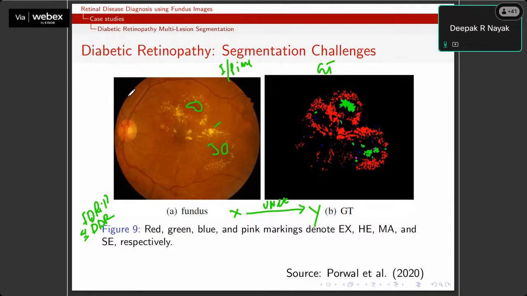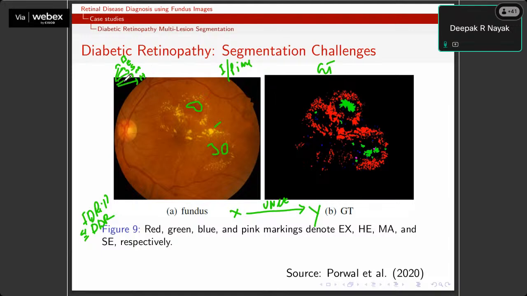That means, as we all know, it can be cast as a semantic segmentation task where every pixel is classified into 5 different classes. We have already discussed why 5: because we include the background as well. So a pixel goes either to the background class, the hard exudate class, the soft exudate class, the microaneurysm class, or the hemorrhage class.